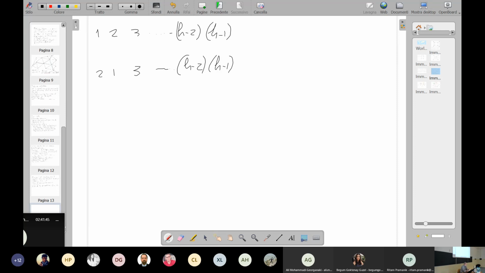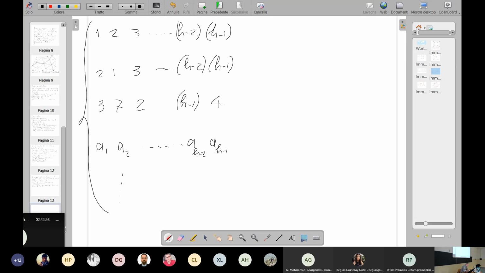And then we'll have something very mixed, which might be 3, 7, 2, h minus 1, 4, something like this. In general, we'll have a1, a2, up to h minus 2, h minus 1, which will be these h minus 1 numbers permuted in all possible ways, okay?